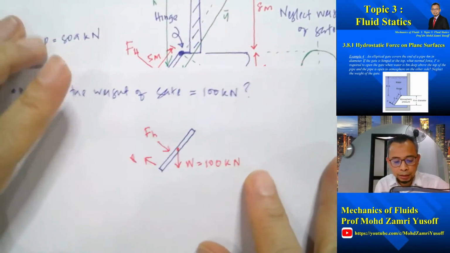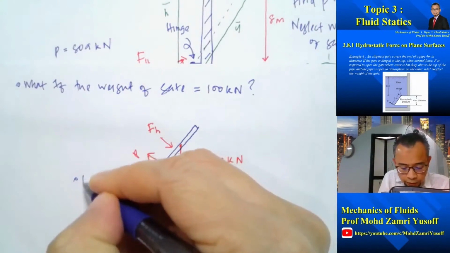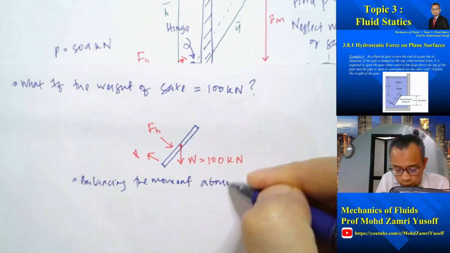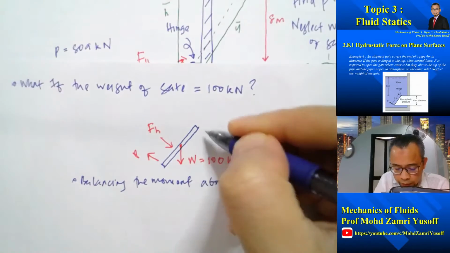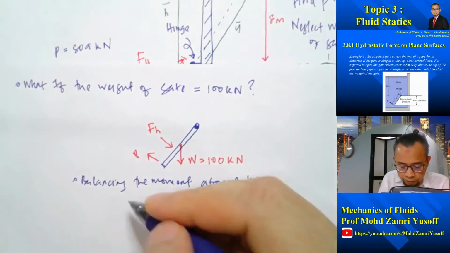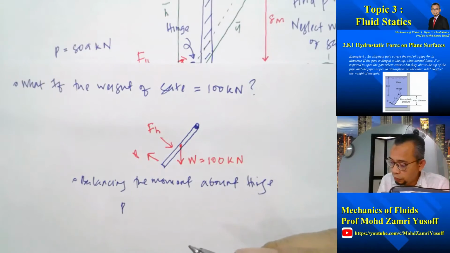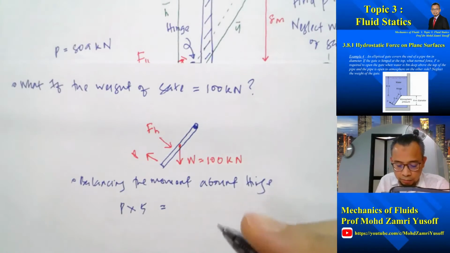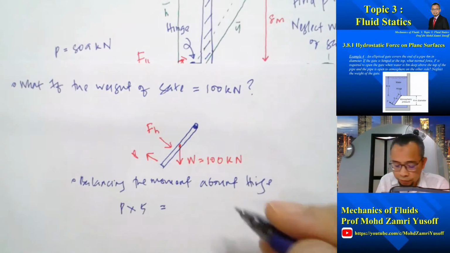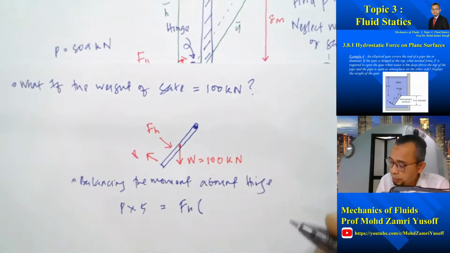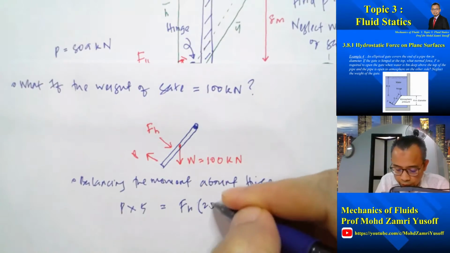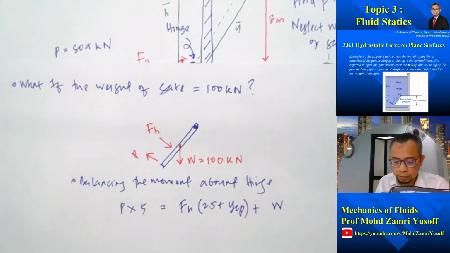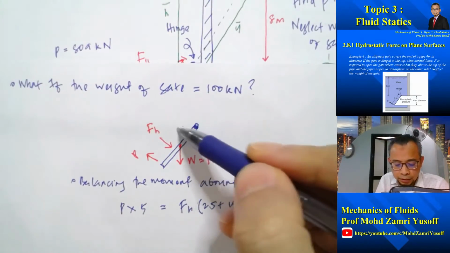So now if I balance the moment again about the hinge, because this is the hinge, I must have the moment due to the force P multiplied by 5, and that must be balanced by the moment due to hydrostatic force, Fh multiplied by 2.5 plus ycp, plus the moment due to the weight, W multiplied by this distance from here to here.